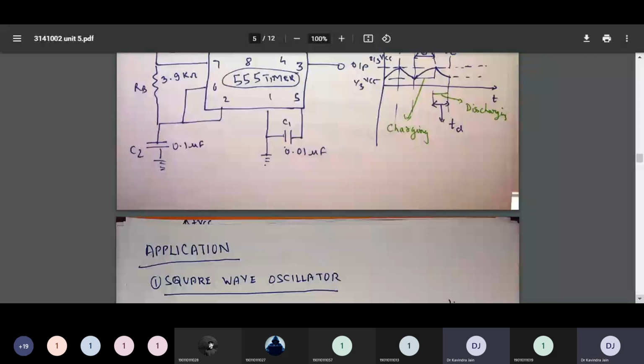TD, that is discharging time. I repeat, TD, D is for discharging time, that is equal to 0.69 RB into C.